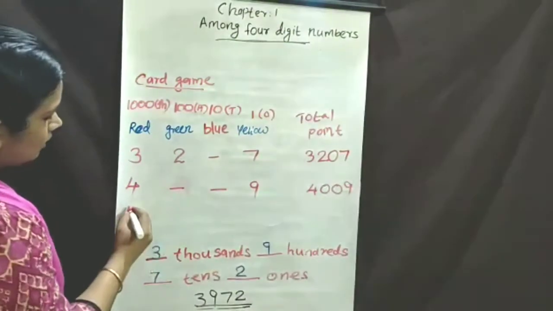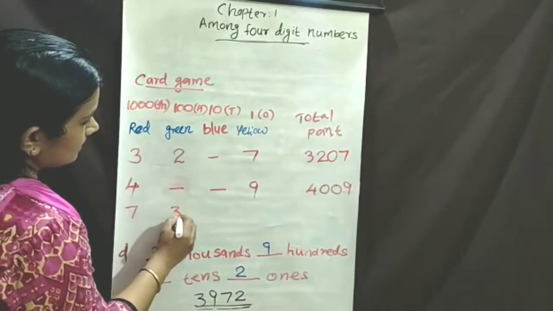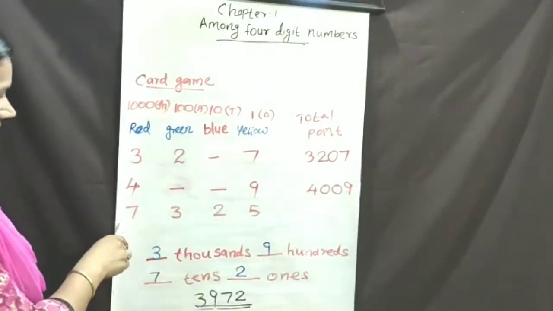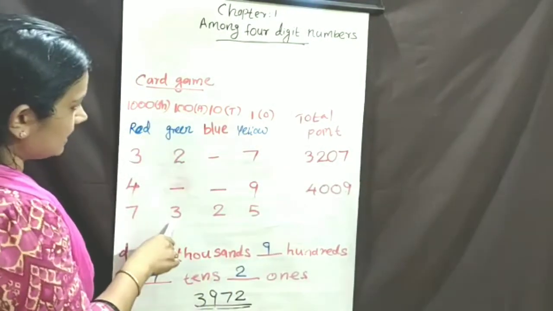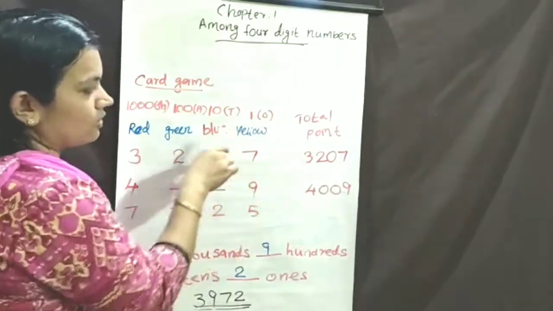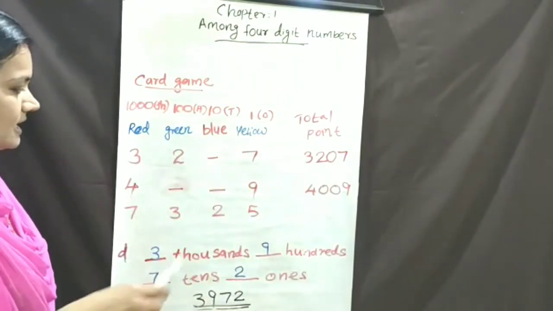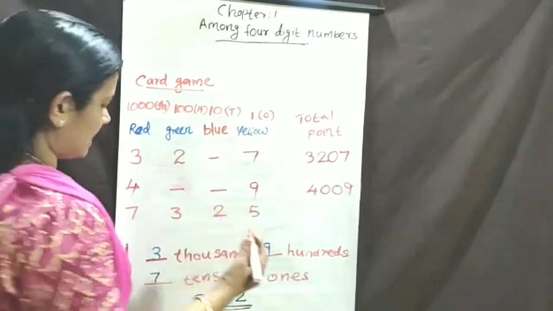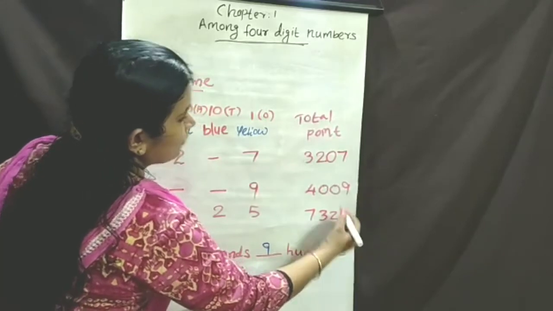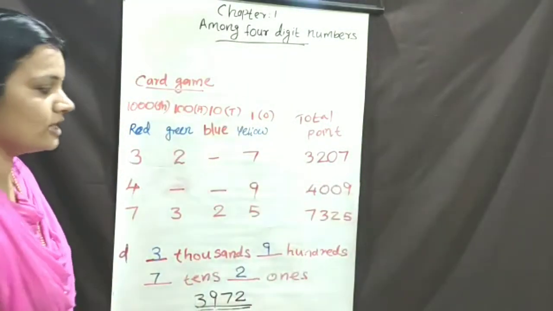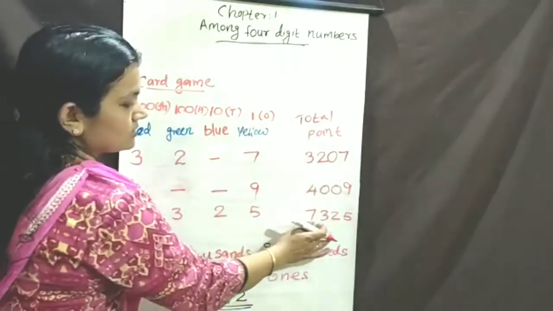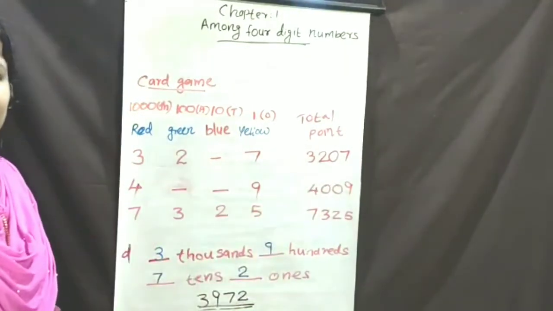Then next one, Nisha got some points. She got 7 red cards, 3 green cards, 2 blue cards, and 5 yellow cards. Then how many points did Nisha get? 7, 3, 2, 5. 7,325.